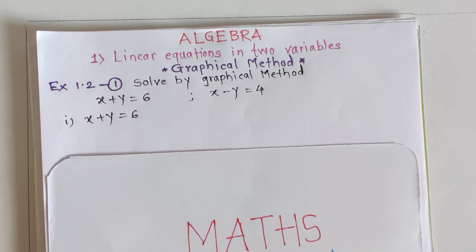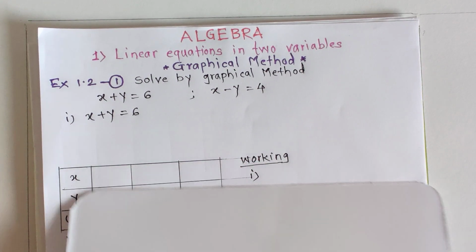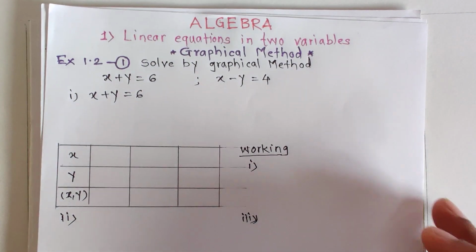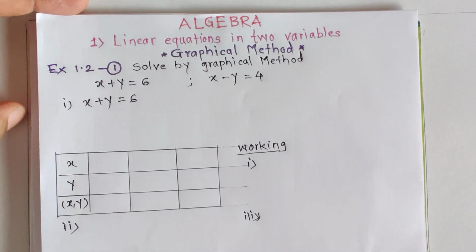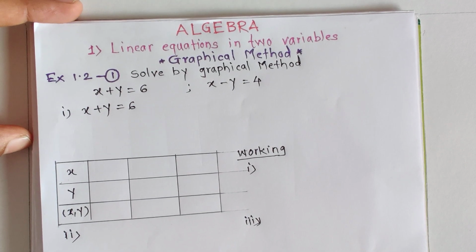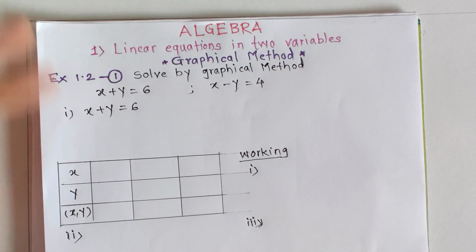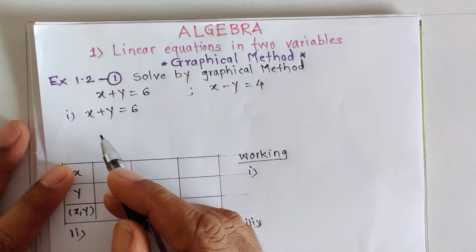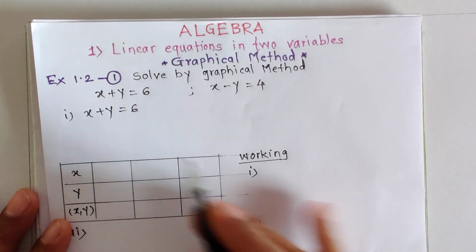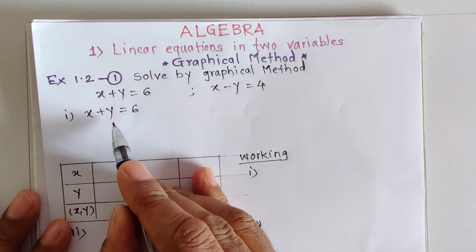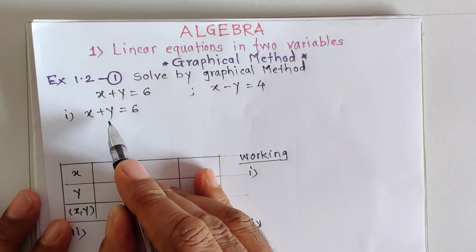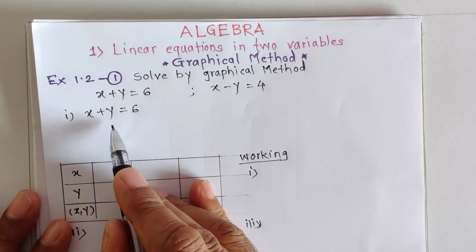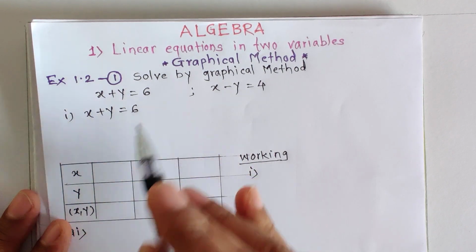So, how to solve these equations by graphical method? Let us see. So, here the first equation is x plus y is equal to 6. Simplify this equation such that we get the formula for y. So, how to do this? Write all the terms except the y term to the right hand side, means move all the remaining terms except y to the right hand side.